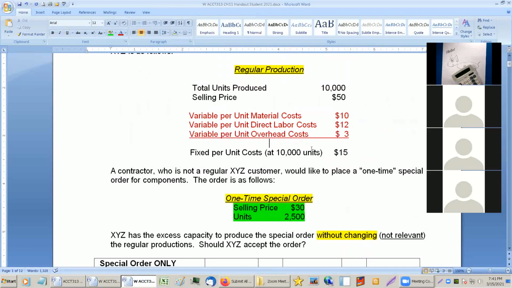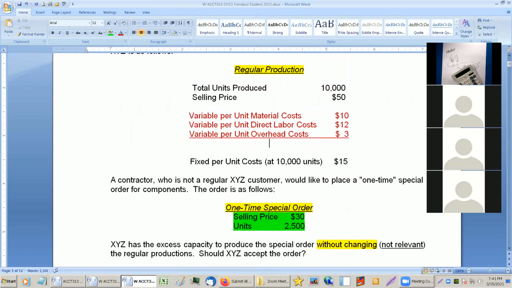So it'd probably be easiest just to total those up. 10 plus 12 plus, I think it's 25, isn't it? Check that. Yeah, that's it, 25.